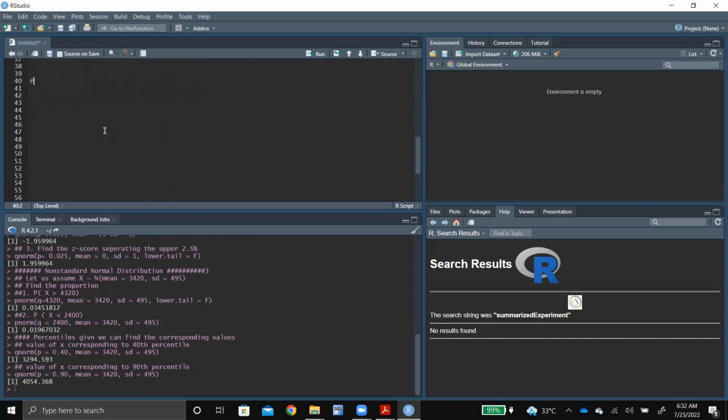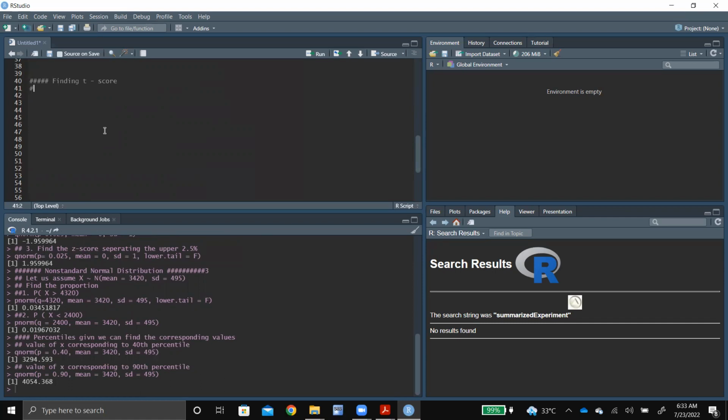Next, we will find the t-score. To find the t-score, we need two things. First, we need the proportion or the probability. Second, we need the degrees of freedom.